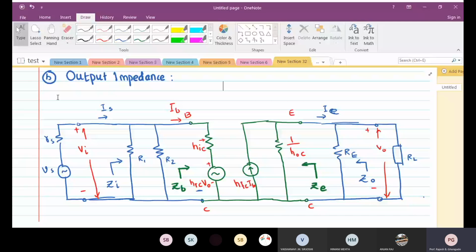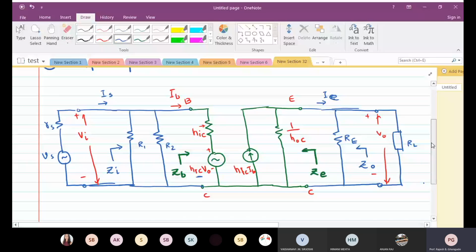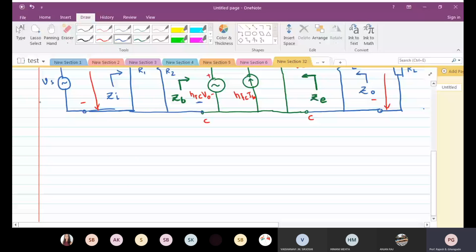Input impedance of the circuit is ZI, which is equal to R1 parallel R2 parallel ZB, where ZB is the device input impedance. Today we will start with the output impedance and gradually go on to the voltage gain and the current gain.